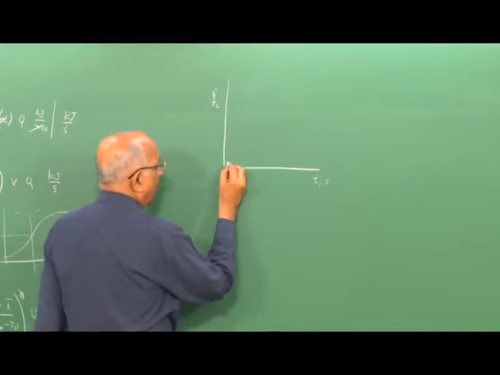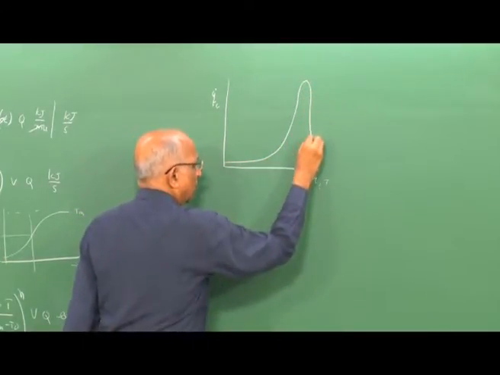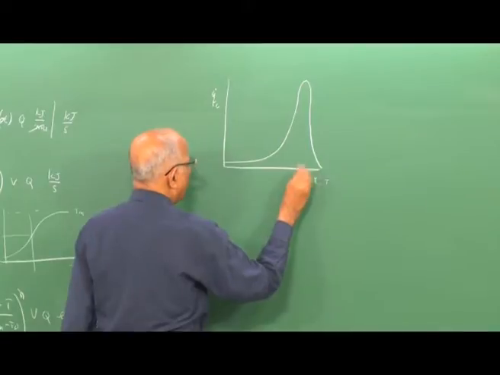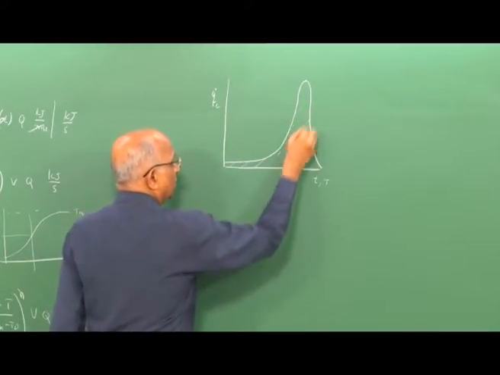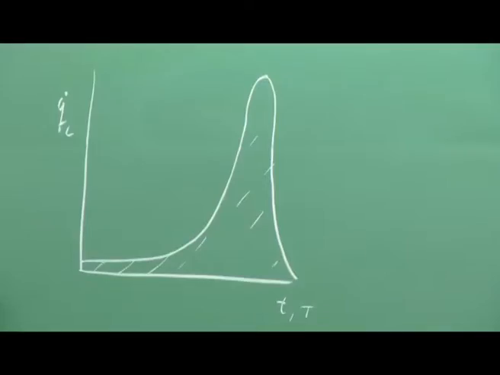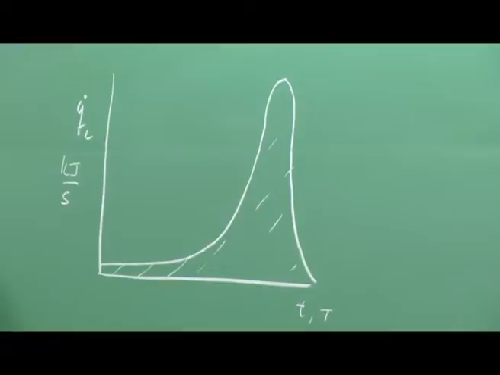The reaction starts here, goes to the maximum, comes back over here, and the area under this curve with respect to time is the total heat of the reaction.